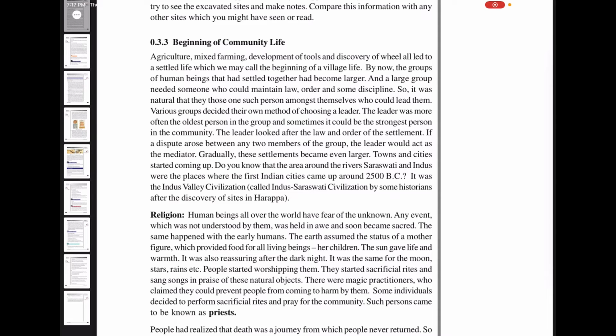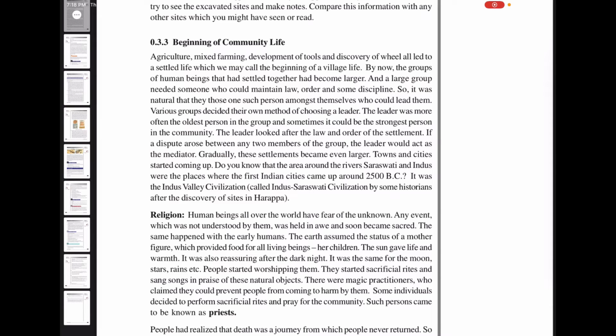The leader was often the oldest person in the group, and sometimes it could be the strongest person in the community. The leader looked after the law and order of the settlement. If a dispute arose between any two members of the group, the leader would act as the mediator. Gradually, these settlements became even larger. Towns and cities started coming up.